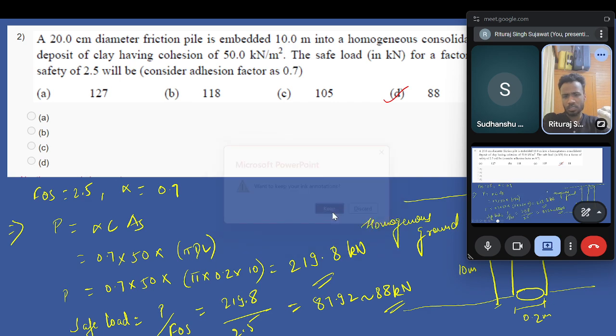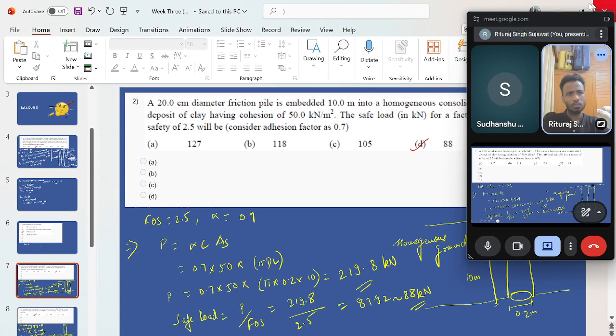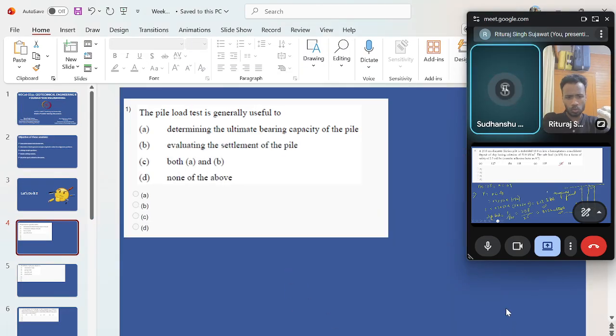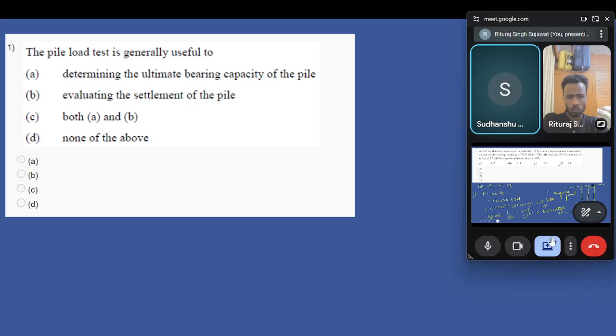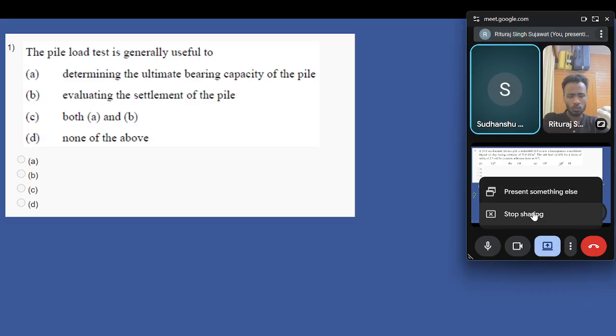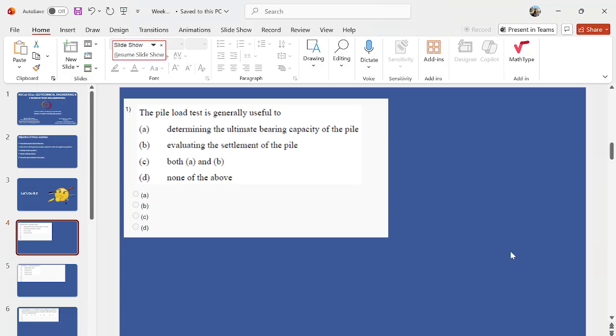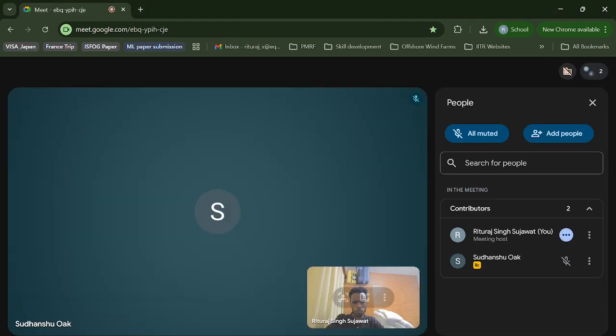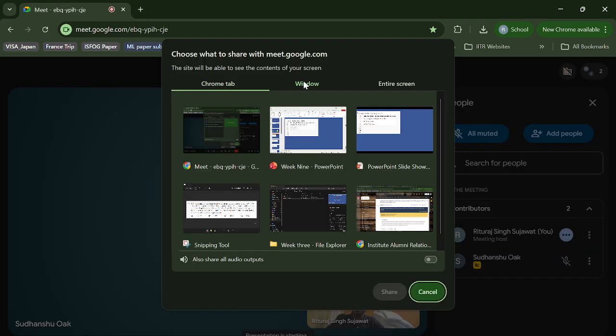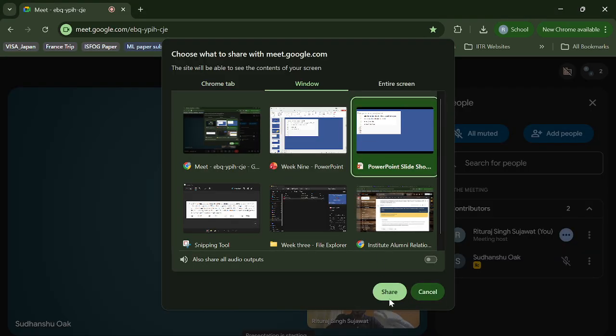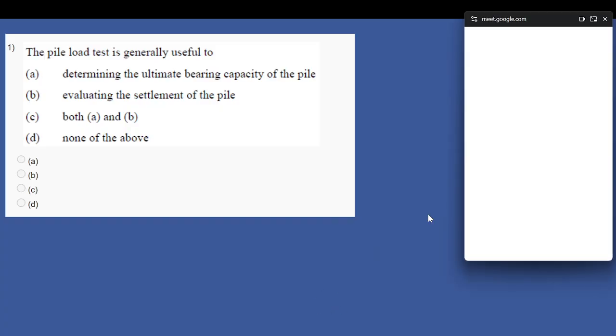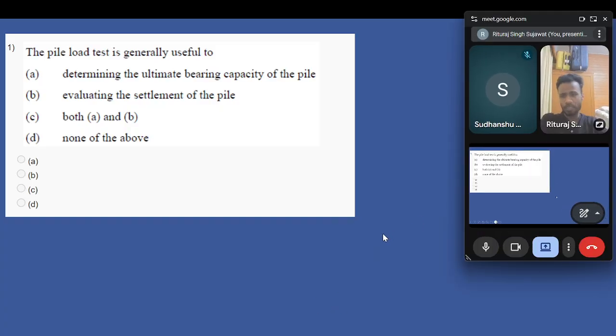This was already there. Yeah, so this is the part.